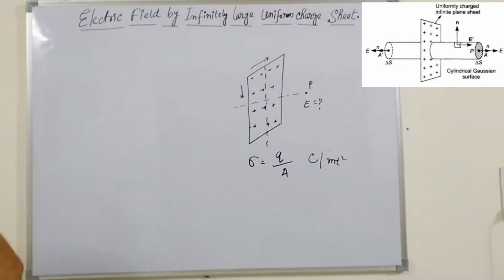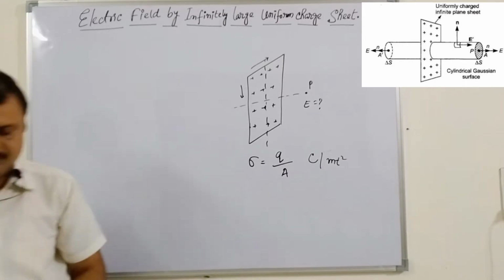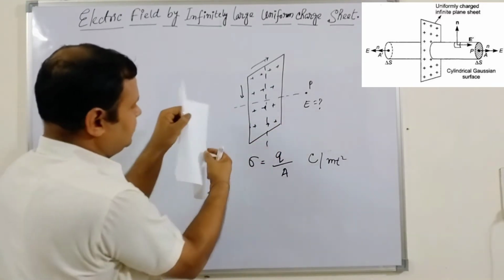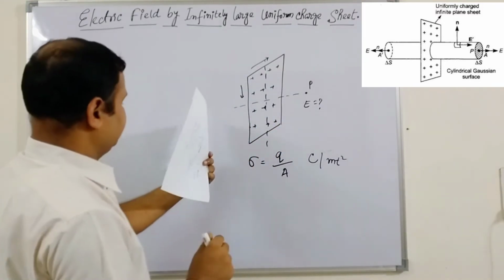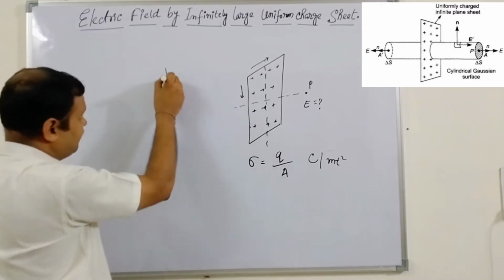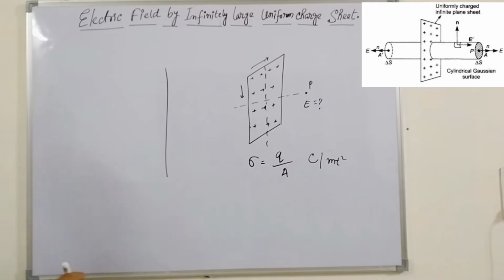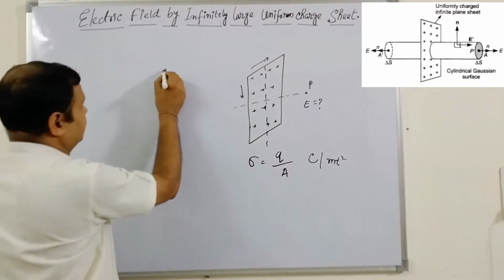Suppose one sheet like this, a mathematical sheet. Now we can consider it like this. Suppose this is our sheet, and charge is distributed over here.